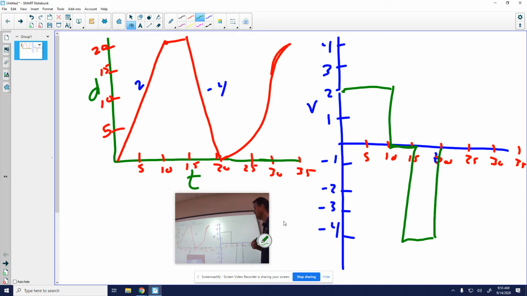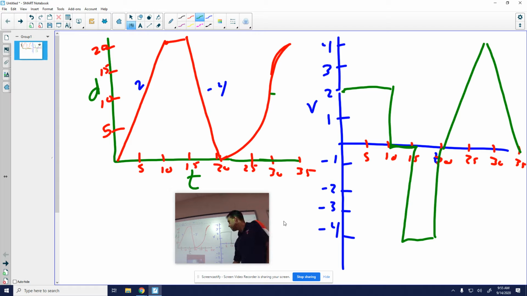Then we're going to speed up to some speed that we don't really know, but it looks about as steep as 4. So we'll say we speed up to 4 in the next 10 seconds. And then we slow down to a stop.